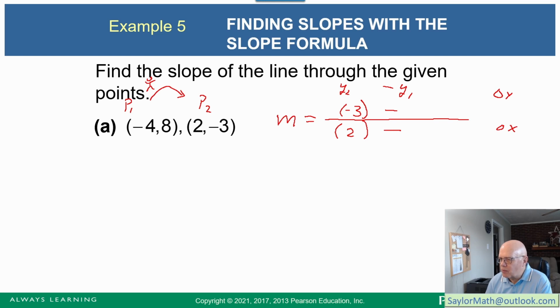Now we'll go to the other point. Y sub 1, that's the first point. The y coordinate is 8. Don't have to, but we'll put that in parentheses just to be safe. And what is the x coordinate of point 1? It's a negative 4.